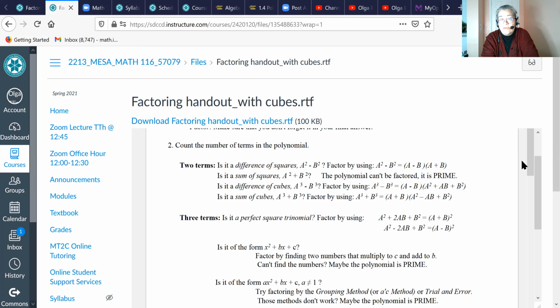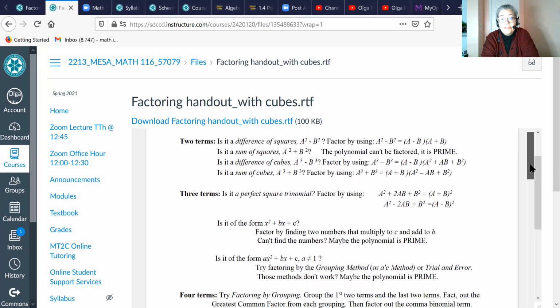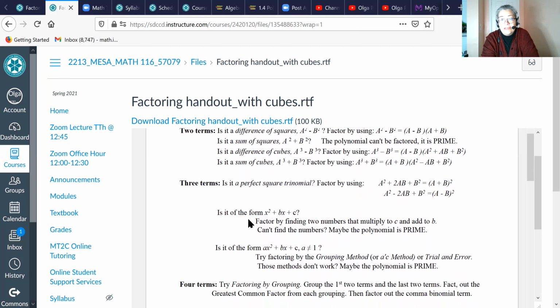Now, next one up is a three-term polynomial, and again, they're telling you three different things about the three-term polynomial, but don't worry about that. We're going to use one technique for three-term polynomials, which works for any case, and you don't have to worry about all of those other cases.